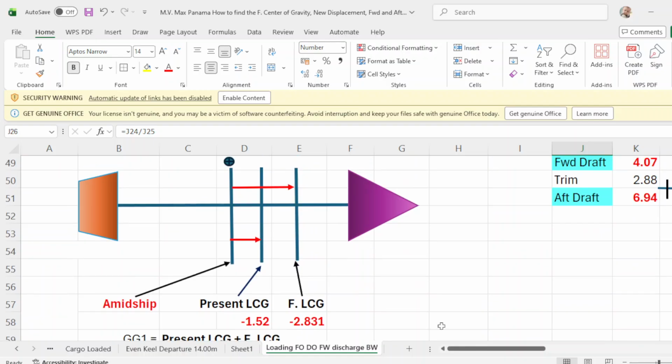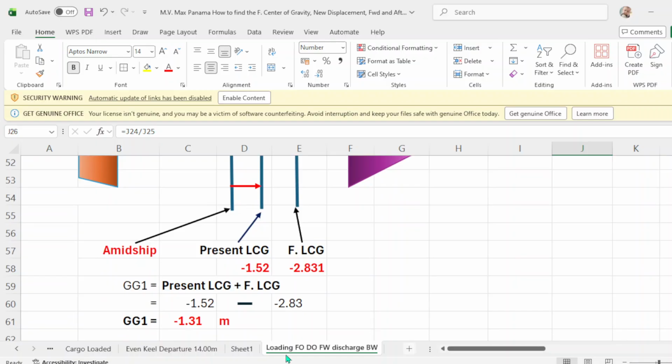So it is further ahead of your initial LCG. So the GG1 is 1.31. It should be 1.31. Distance of GG1 is 1.31. Okay.